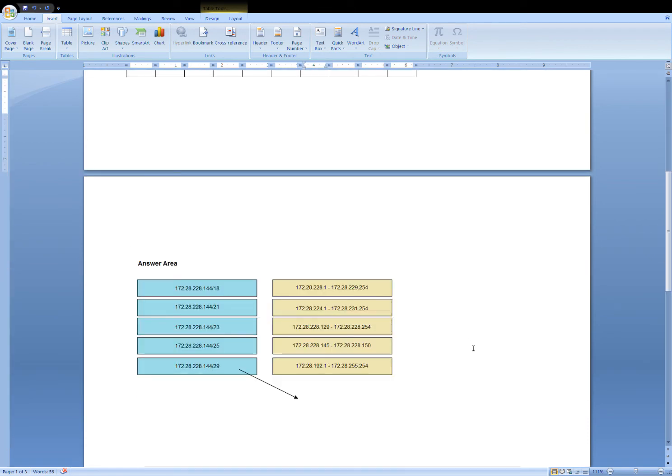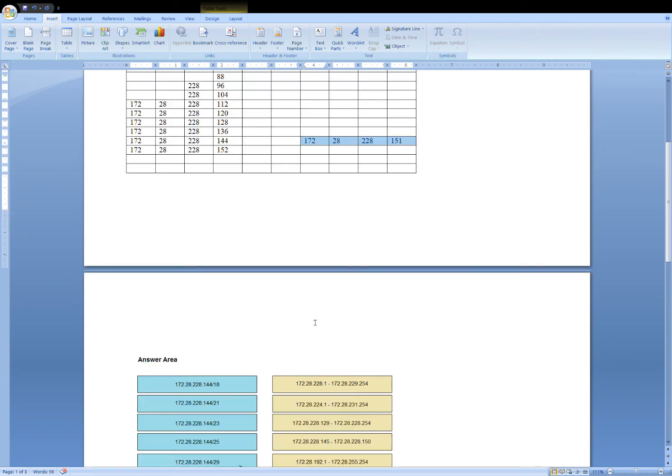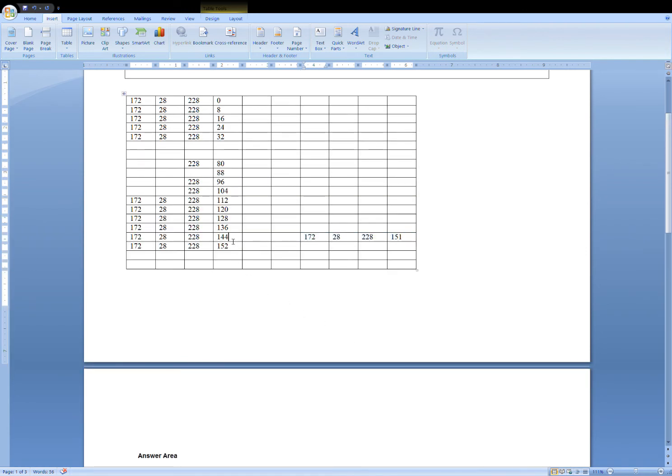Well, again, where does that fit in here? They want, again, the first usable and the last usable. So what's the first usable? Take the network, 144, add 1. What's the last usable? Take the broadcast, minus 1. So add, minus.